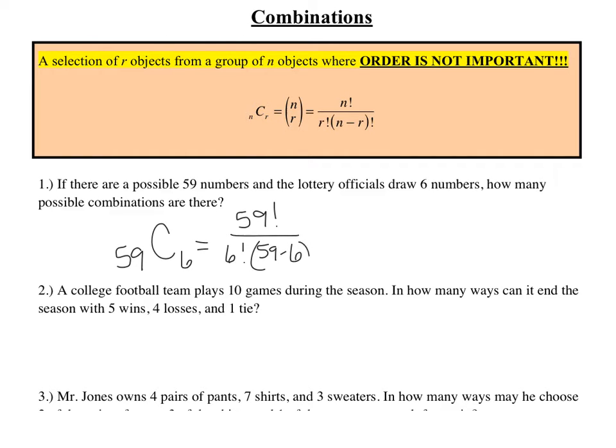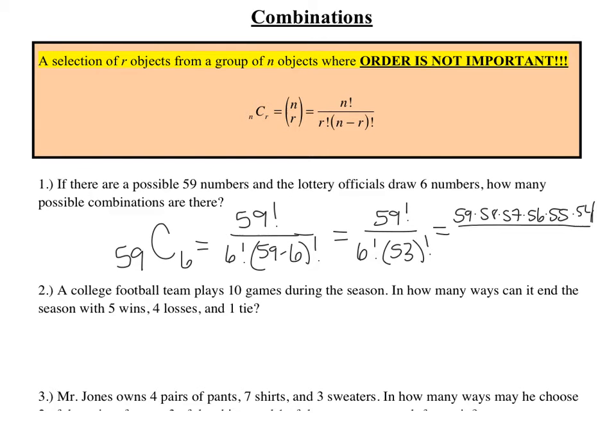So 59 take away 6 factorial, and so we get 59 factorial over 6 factorial times 53 factorial, which means everything below 53 divides out, so you could think of it as 59 times 58 times 57 times 56 times 55 times 54 over that 6 factorial, and you could enter it that way, or you could type it just how you see here.